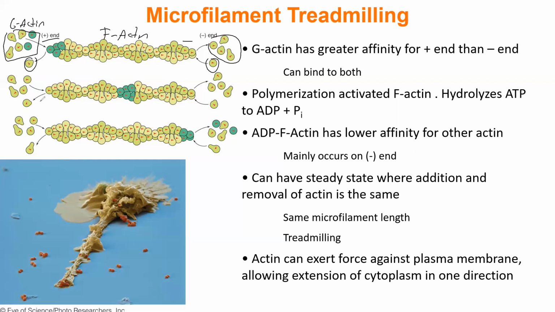This is really shown if you follow these green actins, in that you can see that they are moving through F-actin because you are continuously adding to one end and being removed from the other end. So the actin itself is traveling by adding to one end and removing from the other.